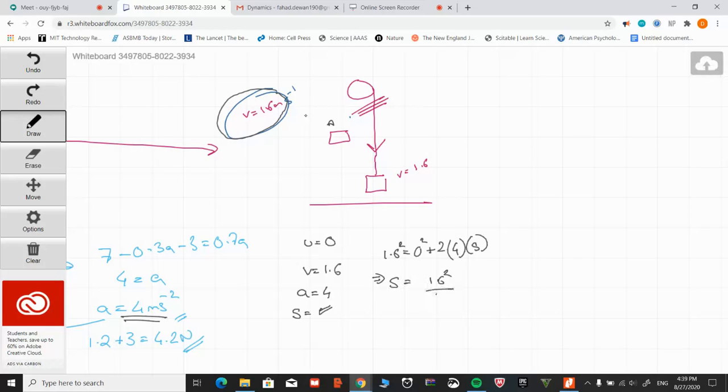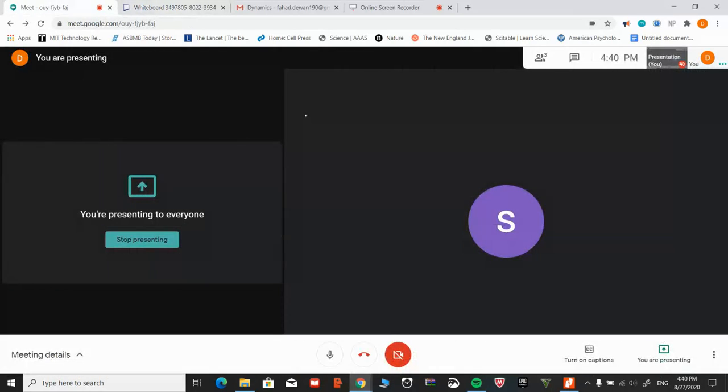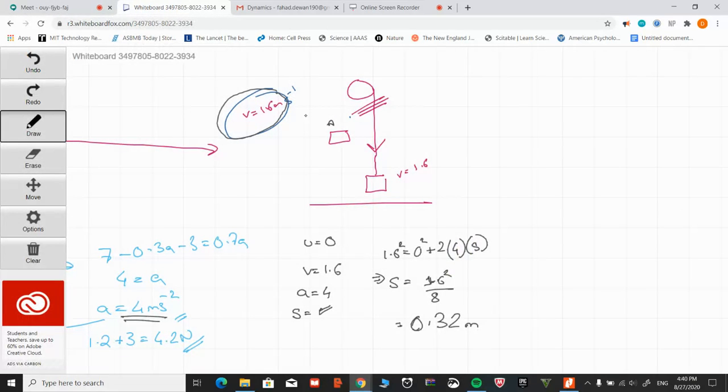1.6 square divided by 8 কত আসে সারা দেখো তো? This is 0.32. সারা তুমি কই গেছো? হ্যাঁ, মাইক্রোফোন অফ ছিল obviously. আচ্ছা, so 0.32 meters.